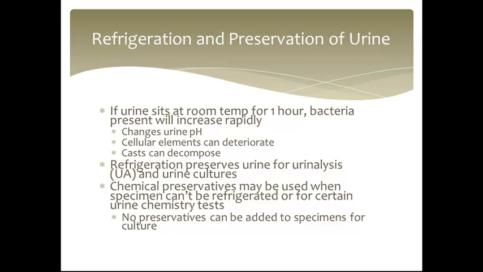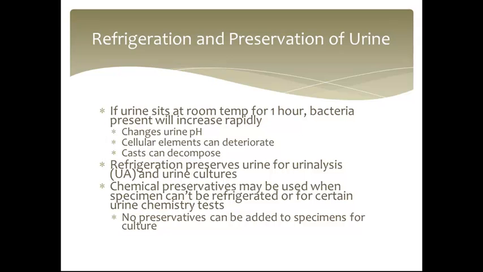If you can't get the specimen to the lab in that amount of time and you are going to use preservatives, make sure they do not interfere with the tests. However, a lot of them do interfere with the culture. So if you are doing a culture and sensitivity on a urine specimen, we cannot use any preservatives.